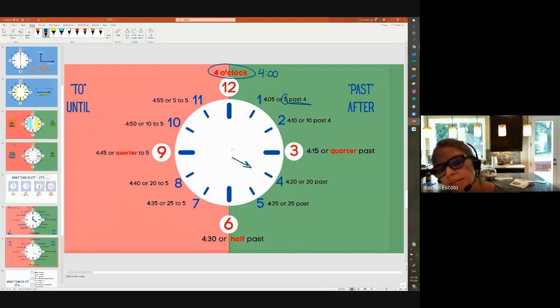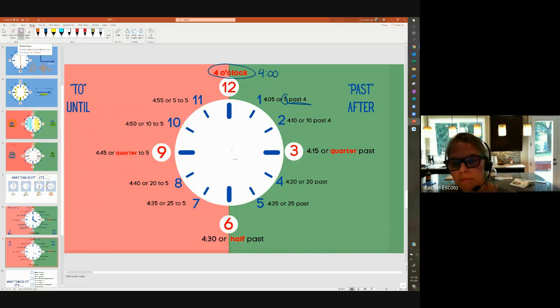The next one is 10 past 4. And then we have 15 past 4 or quarter past 4. It's 4:15 or quarter past 4.